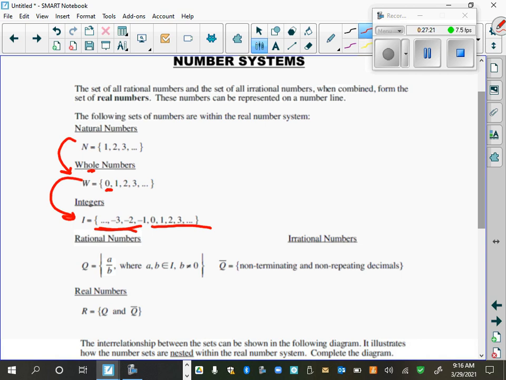All the integers are rational because they can be written as a fraction. Remember, anything that can be written as a fraction is a rational number, right? All the irrational numbers are real numbers. Write down the symbol for real numbers. It's an R with a double stem.